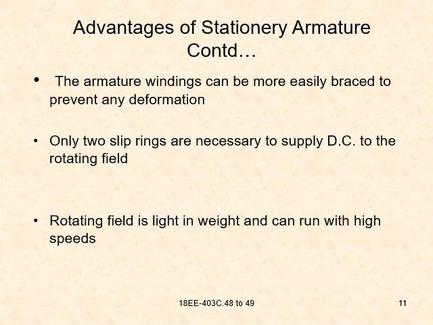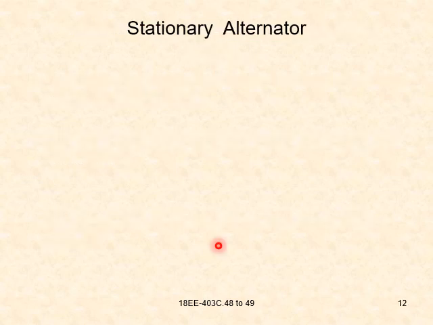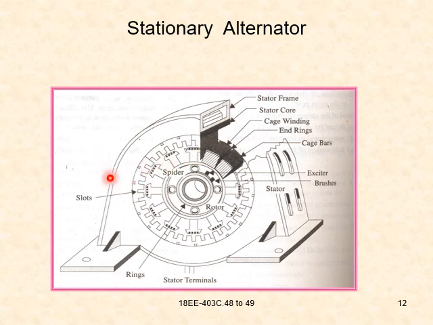Moving on to the next slide, stationary alternator. You can see the diagram over here with a stationary armature, with a stator frame and stator core. This is a cage winding with end rings, cage bars.